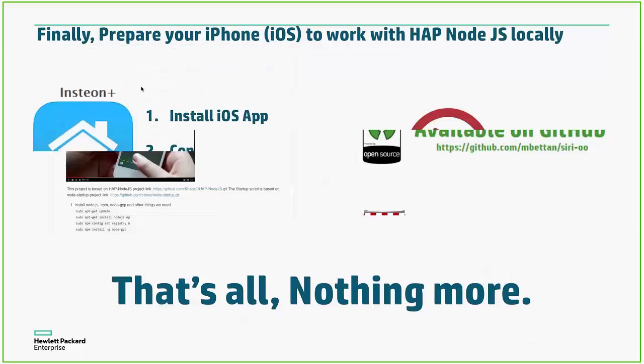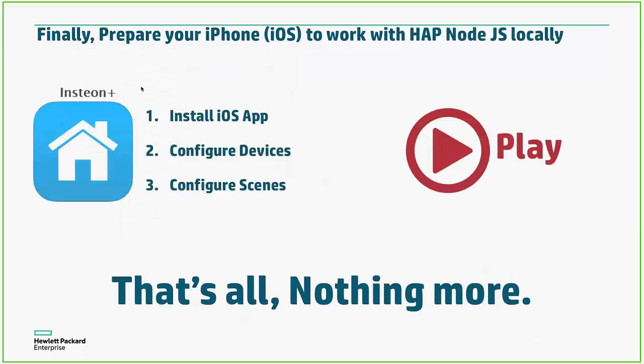And finally, we need to prepare our iOS device to work with HomeKit. What does it mean? It means that we have to install an iOS application that supports the HomeKit protocol. Starting from iOS 10, Apple provides a default application for the HomeKit protocol. We have to configure our device, adding the accessories and configuring scenes so we can trigger them.